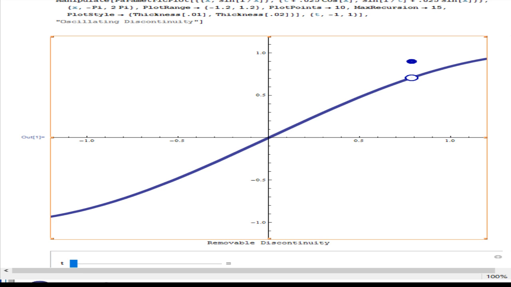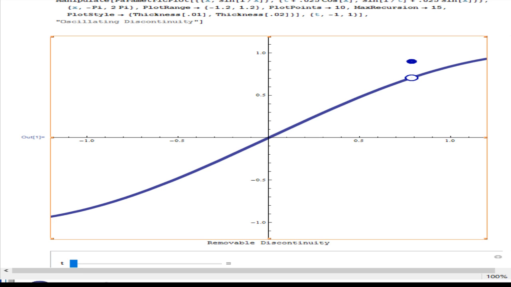The next three examples are examples of irremovable discontinuities. Removable discontinuities can be fixed by just saying, let the function's value be changed to its limit's value. But irremovable discontinuities are different in that the limit doesn't exist. As we said, the definition of continuity is the function's value equals its limit.